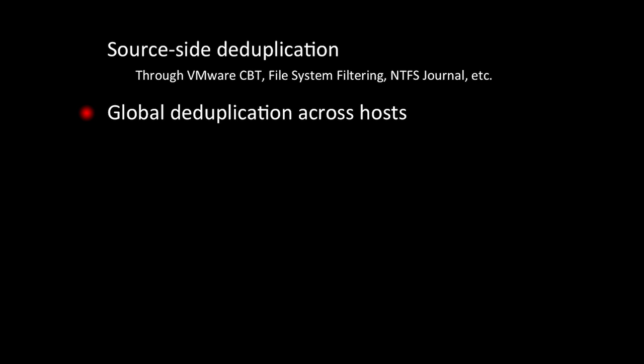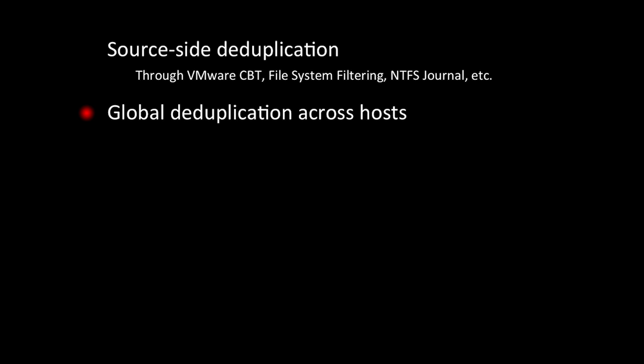Because if I've got 20 hypervisors and each one's got, say, 20 VMs on it, it's great that I can reduce those 20 VMs per host down to a single set of application binaries. But if I've got 20, 30, 40, 100 hosts, if I'm not deduplicating across those hosts, then I'm still sending way too much data to that deduplicated storage, which again, eventually we'll figure it out and discard most of it. But it's creating a huge I/O penalty along the way.